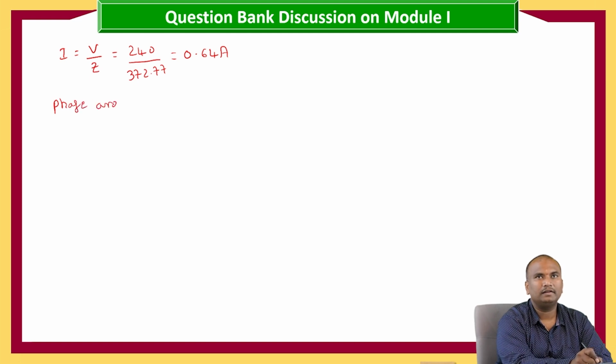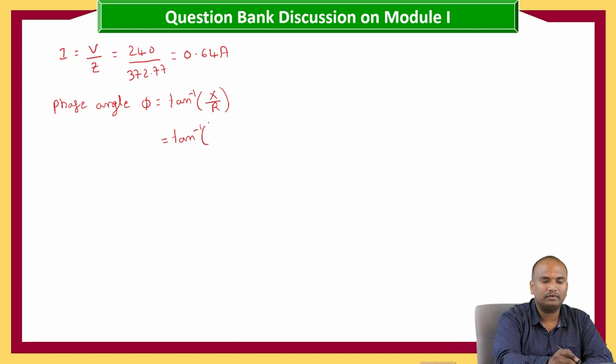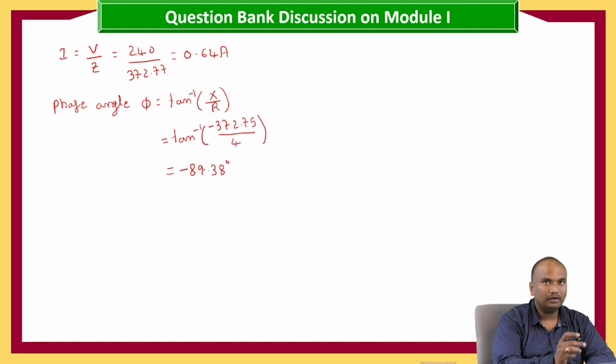Phase angle phi is equal to tan inverse of X by R. Here tan inverse of the X value, we got it as minus 372.75 by 4, which is equal to minus 89.38 degrees. So we got the phase angle.